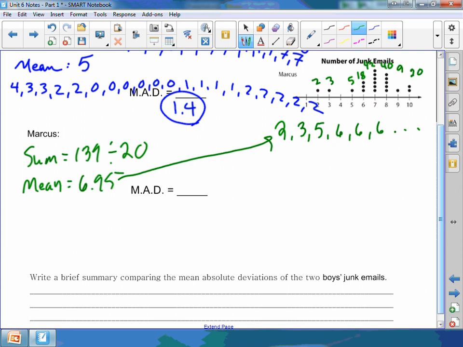So 10 would be 3.05. So do 3.05 times 2. You guys can just keep these on your calculator. I'm just going to talk and you guys can do it.